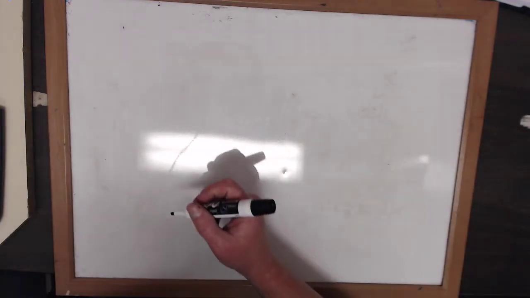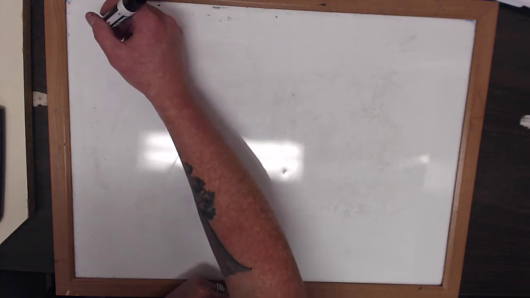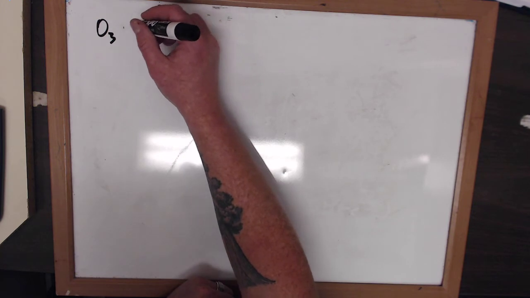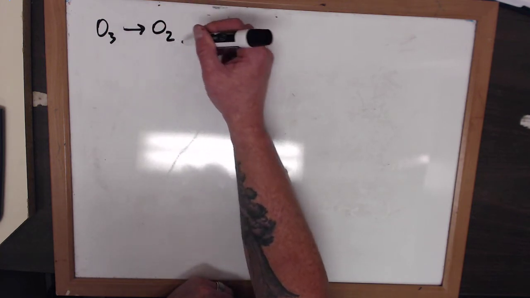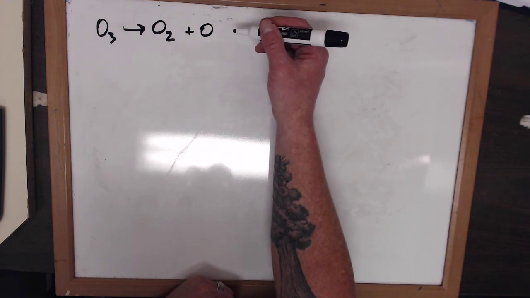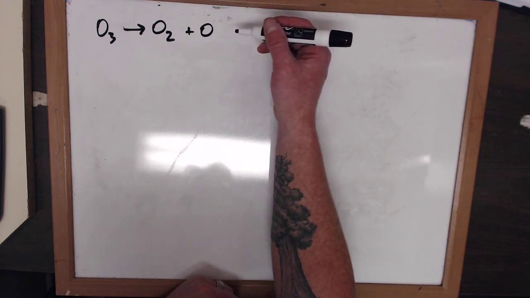Okay, so here is a three-step mechanism. So this is the stratospheric decomposition of ozone. This is the simplified version of it, so we're not looking at the catalytic decomposition, so we'll just look at it in simple terms.